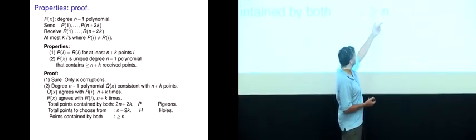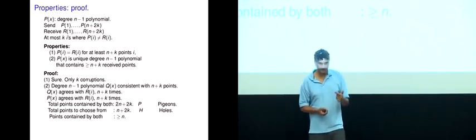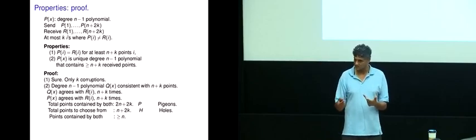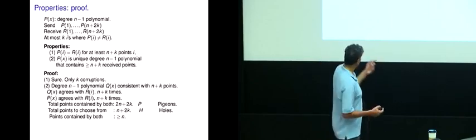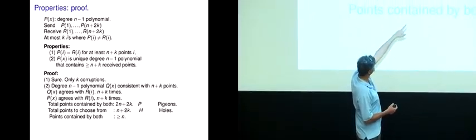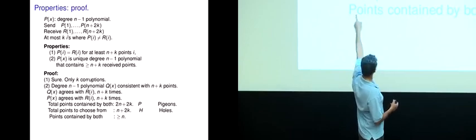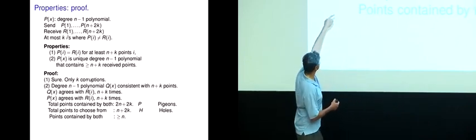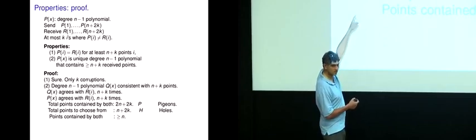And now, what are those 2 pigeons? Pigeon 1 corresponds to one polynomial, Q or P, and pigeon 2 corresponds to the other one. So at these holes, they really correspond to received values. Q of i agrees with this value, and P of i agrees with this value. For these 2 pigeons being in this hole, it says that this is a point where Q of i agrees with P of i.